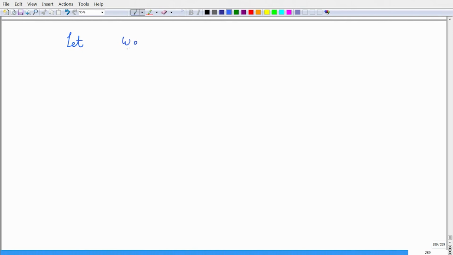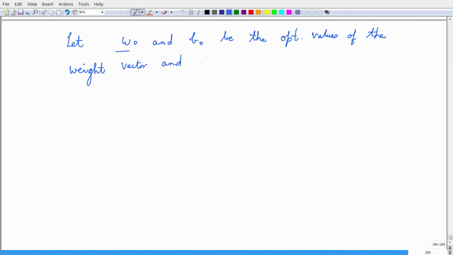Let W naught and B naught be the optimum values of the weight vector and the bias.